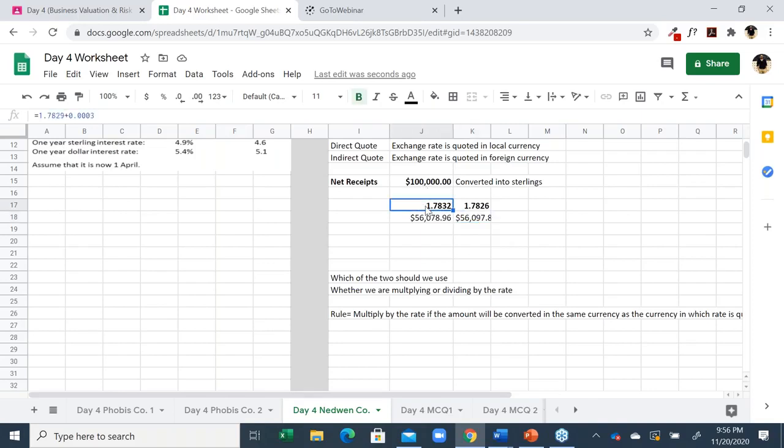You should always look at it from a bank's perspective, so that they can make the profit. When they sell the same $100,000 to you, they will charge you 56097, which is higher. But by buying the same amount of currency, they will just pay you 56078, and the difference is their profit.